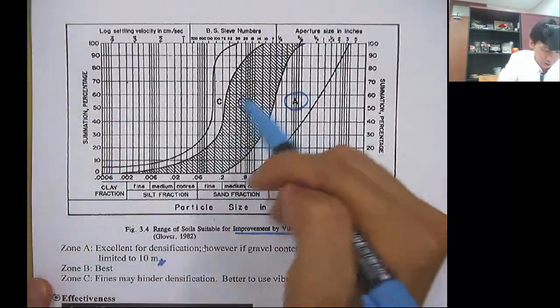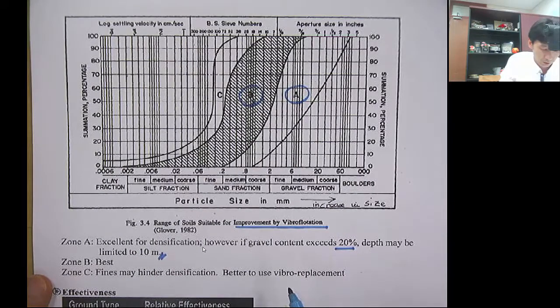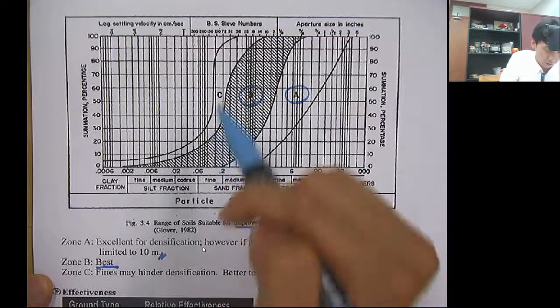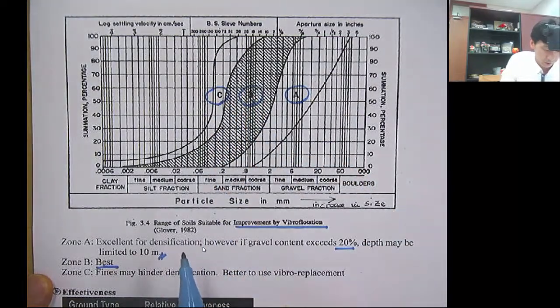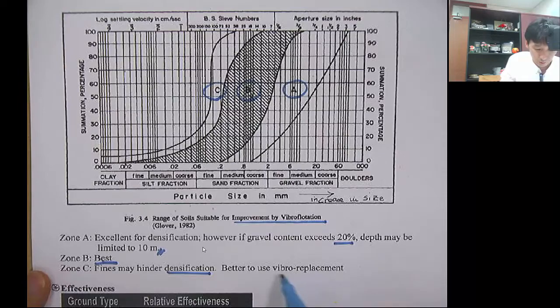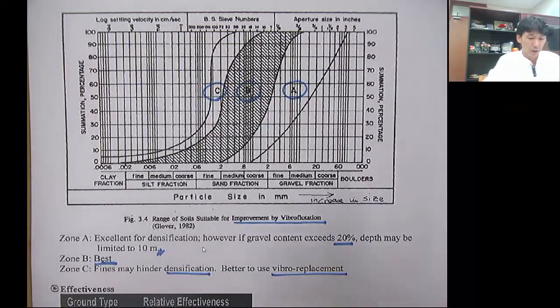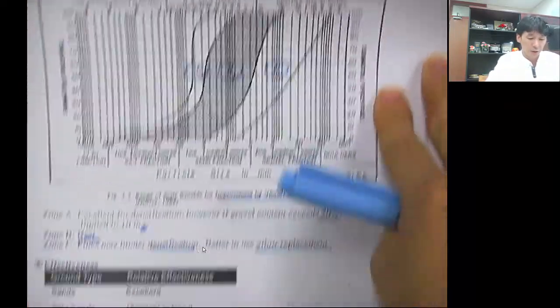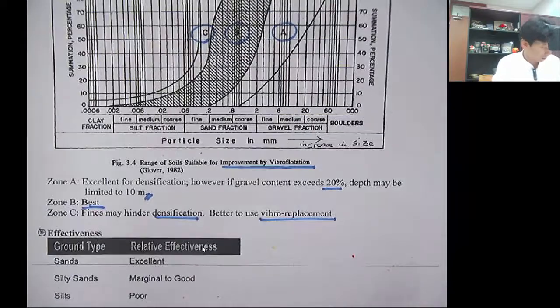And zone B, where the sandy fraction is high, is the best. And in zone C, where you may have some fine fraction, this fine fraction may hinder the densification. So it's better to use vibro replacement so that you replace the fine grained soil with the coarse soil.